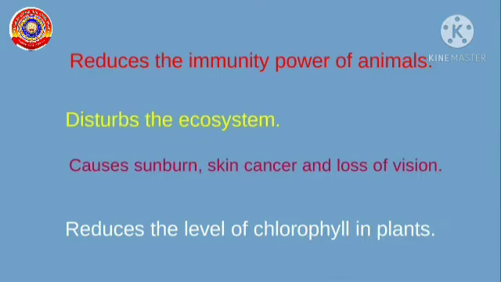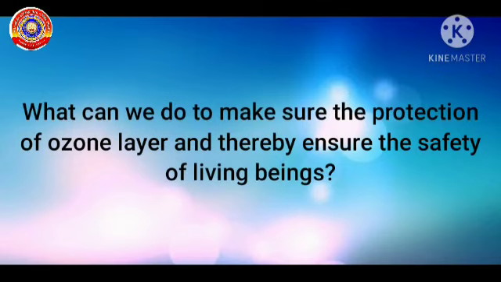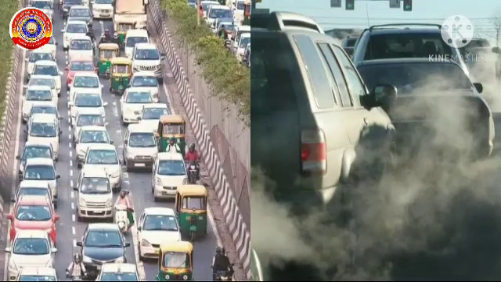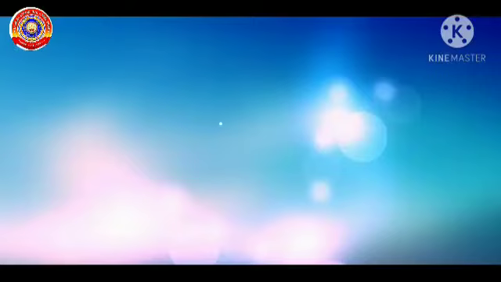So children, what can we do to ensure the protection of the ozone layer and thereby ensure the safety of living beings? Let us see. Increase the public transport system to reduce air pollution. Limited use of private vehicles will decrease vehicle emissions.